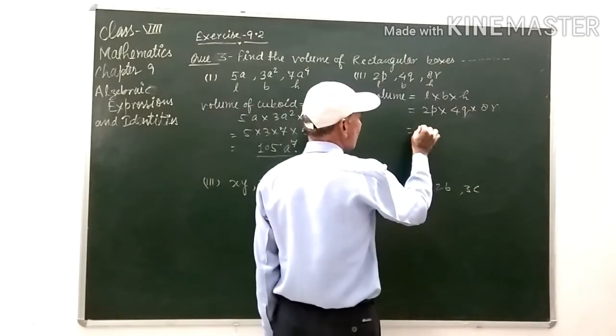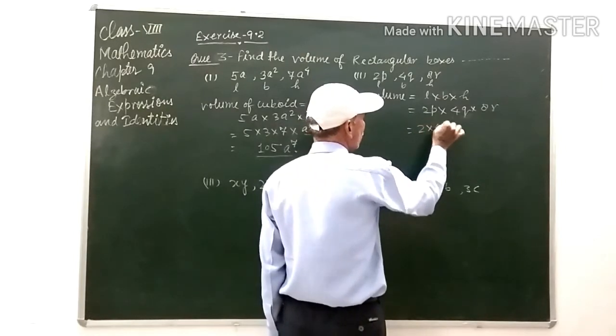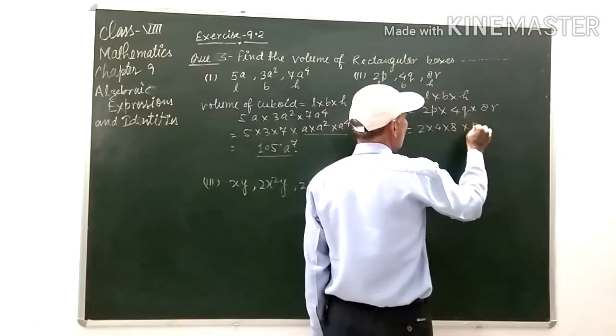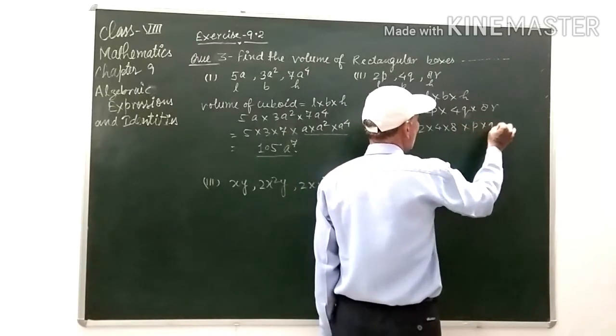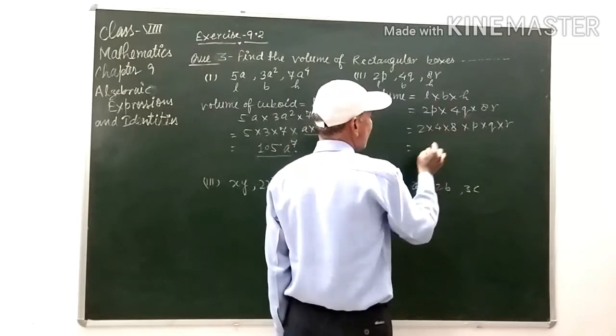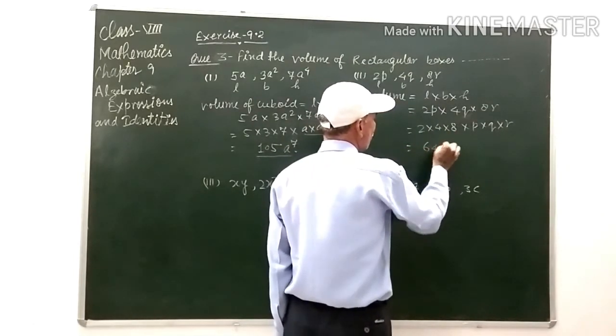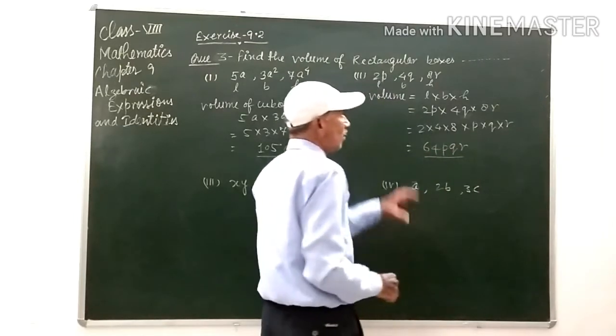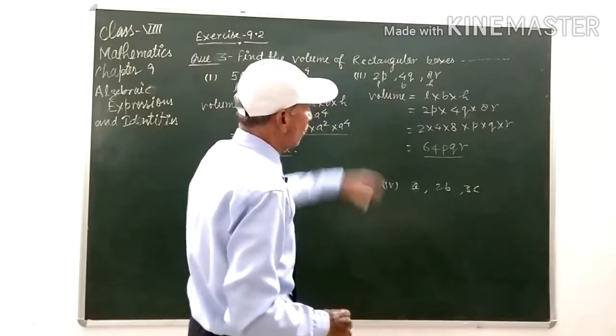So first take the numbers 2 into 4 into 8 into P into Q into R. So 4 2s are 8, 8 8s are 64, PQR. This is the volume of this rectangular box.